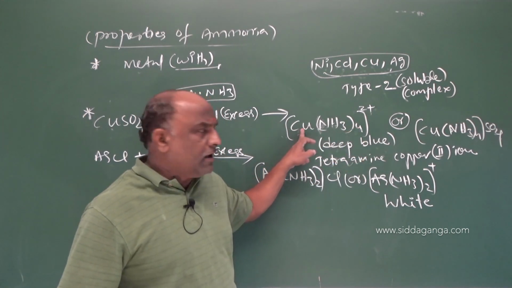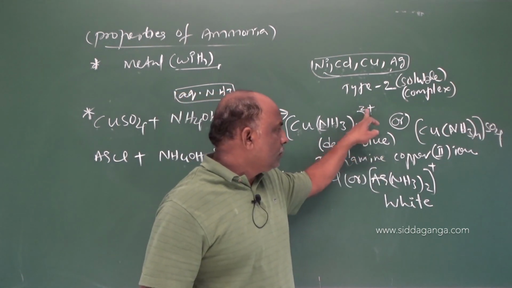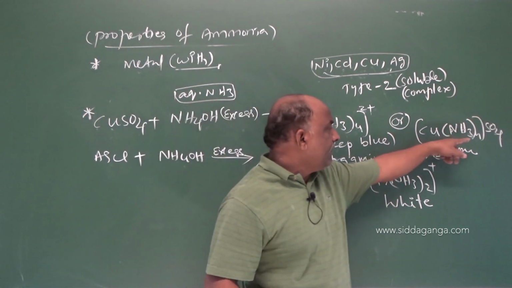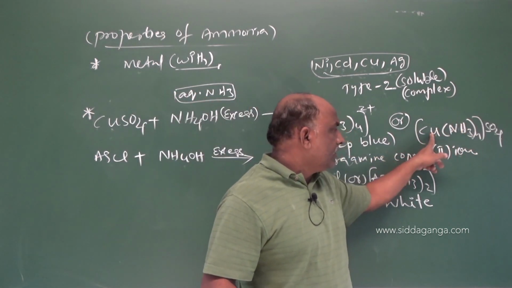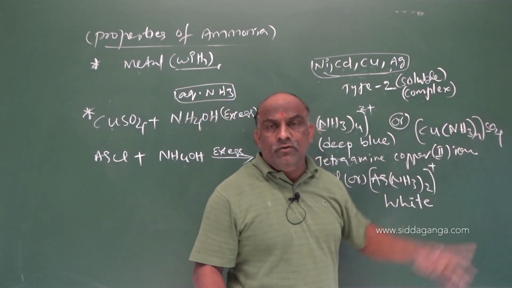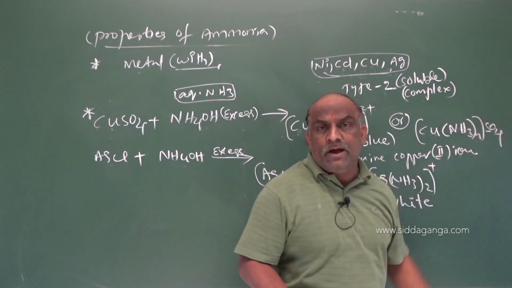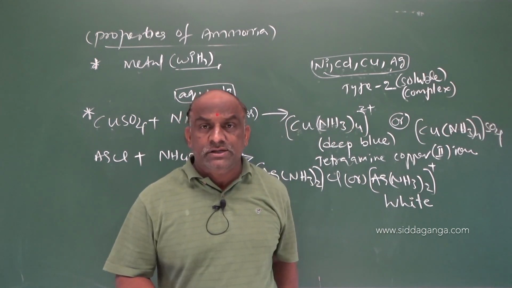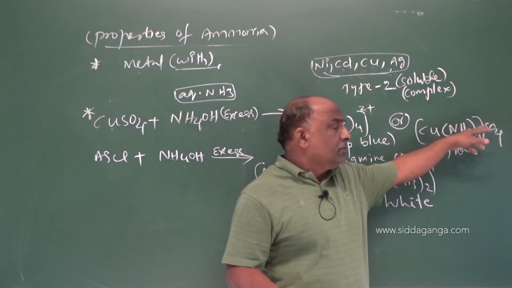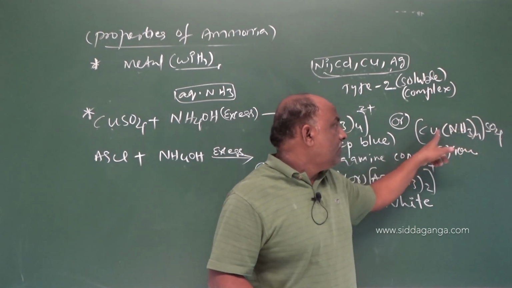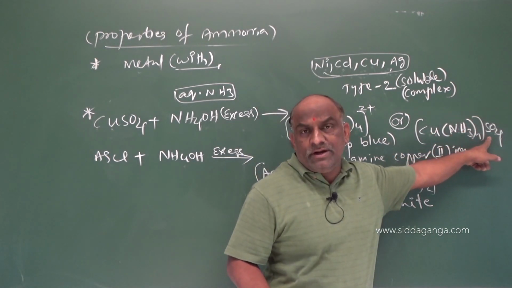So the element is copper and what is the charge? 2 charge ion. Or on the other hand, tetraamine copper, there is no charge. How do we find the charge? We find the charge with respect to sulfate. Already we know sulfate is -2 charge, and that -2 charge is neutralized by +2. So this reaction gives tetraamine copper 2 sulfate, and we should give the naming of this compound.